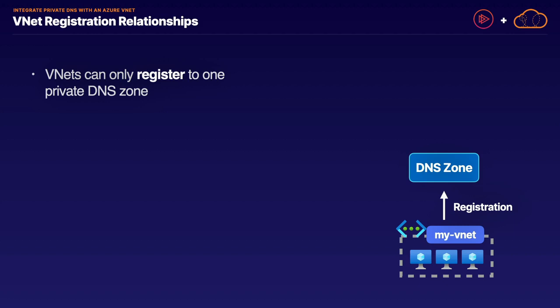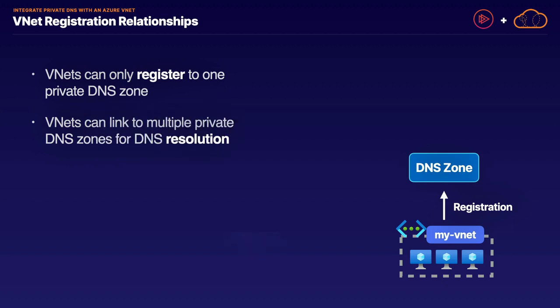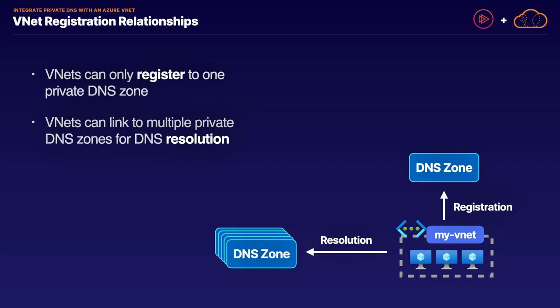With that in mind, a virtual network can resolve to multiple DNS zones as opposed to registering to only a single one. This means that if we are linking with other virtual networks which have their own private DNS zones, our virtual network, called My VNet in the bottom right, can also use those multiple DNS zones for resolution, even though it is only registered to a single private DNS zone.